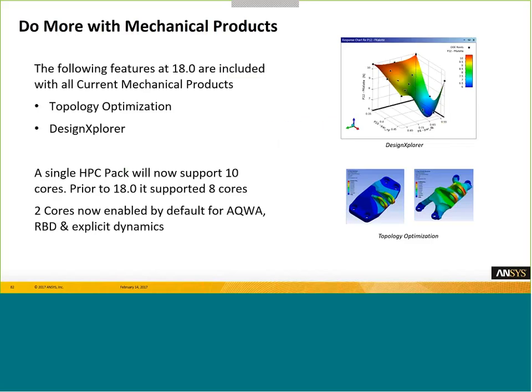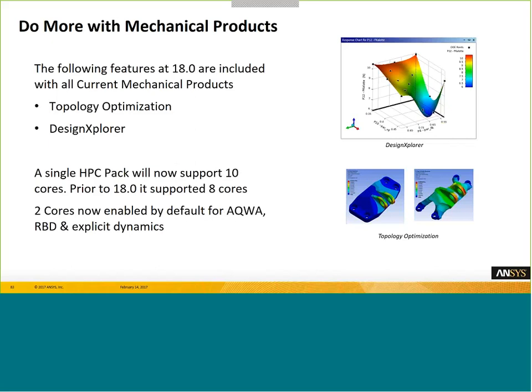Just to finish off, I wanted to recap some of the additional functionality in 18.0. First of which is the topology optimization, which we talked about towards the end there, is in all current mechanical products. Also the addition of Design Explorer, and I'll show you exactly what the product mapping looks like in a second. There's a little bit of a change to HPC packs.